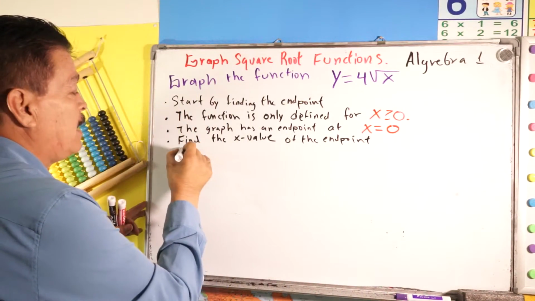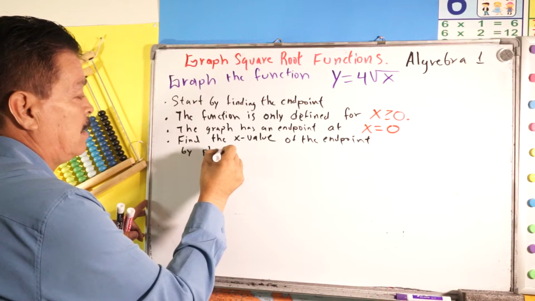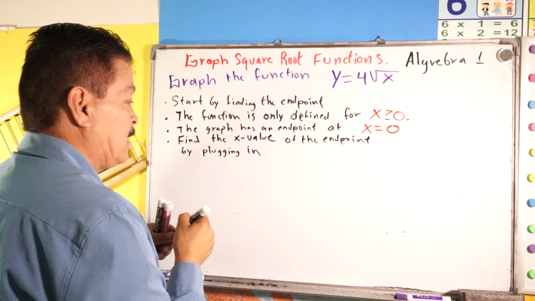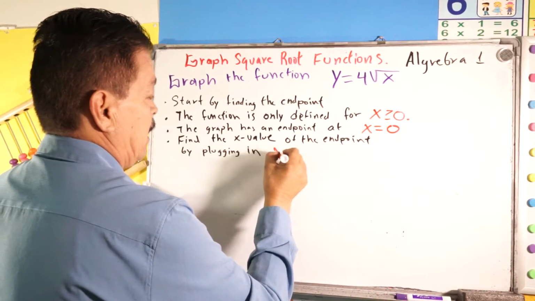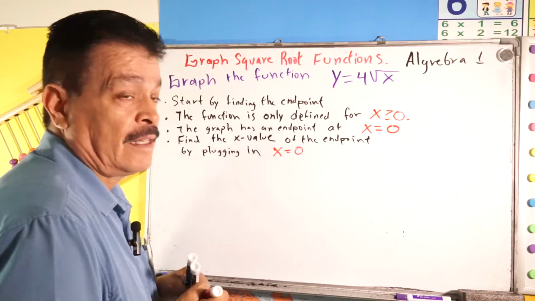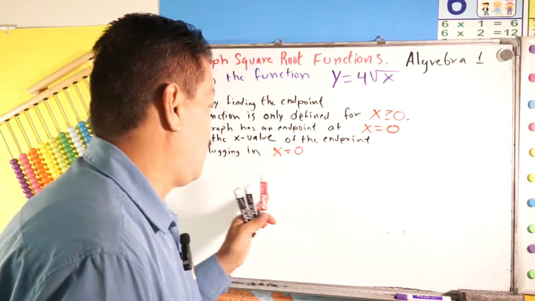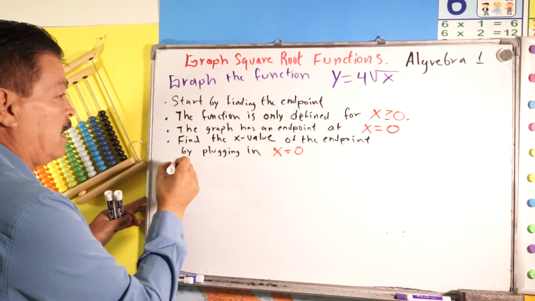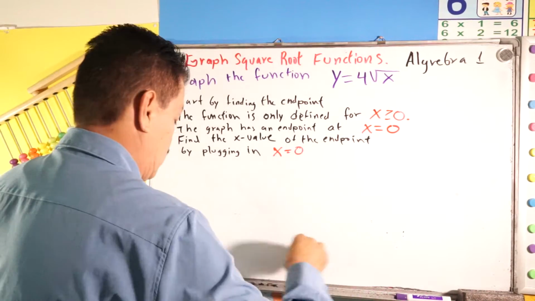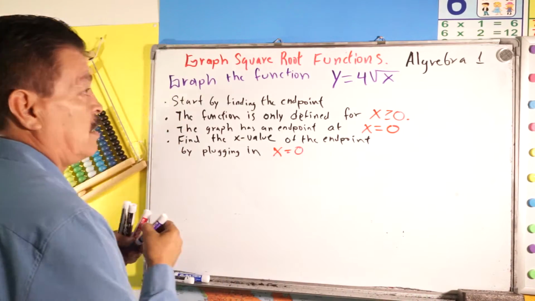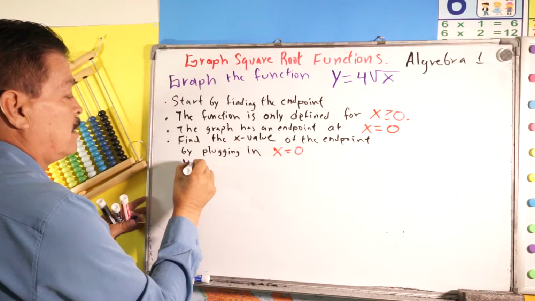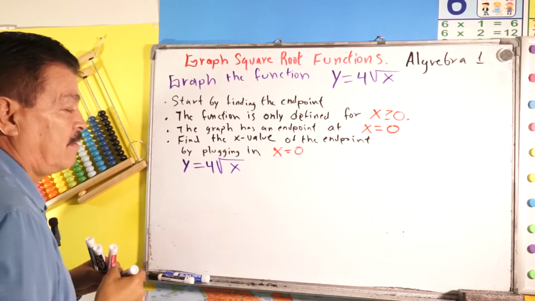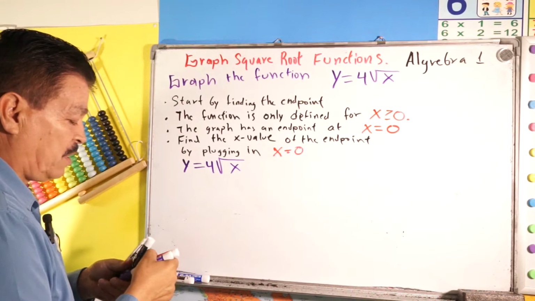Just by plugging in x equals 0. So now let's do the whole process. Let me use another color here. Our problem is y equals 4 square root x.